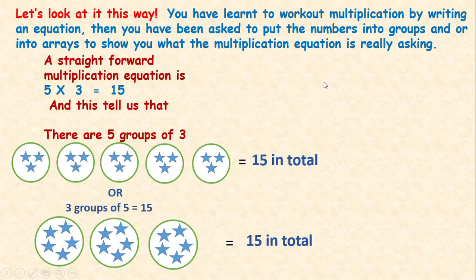A straightforward multiplication equation is 5 times 3, that is 15. And this tells us that there are 5 groups of 3, as it's done over here, right?